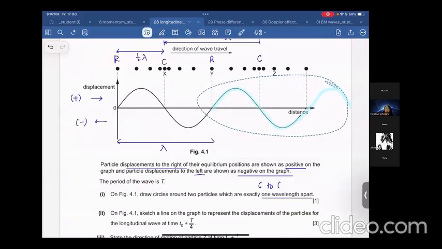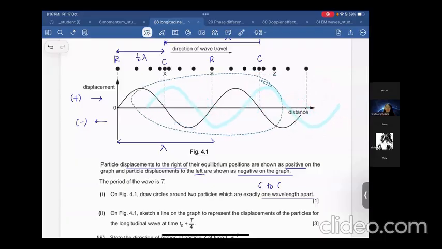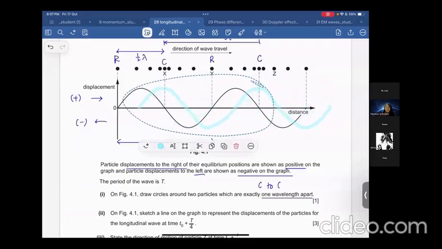Half a complete wave is this. So when T divided by 2, I will move until here. Then 1/4, we move forward a bit, like this. So my blue color line actually is your new wave front.